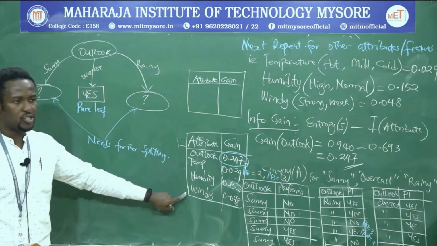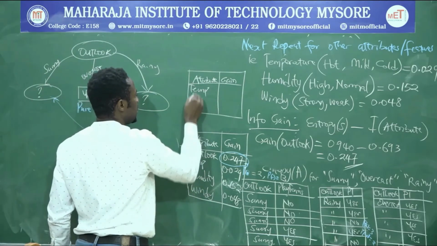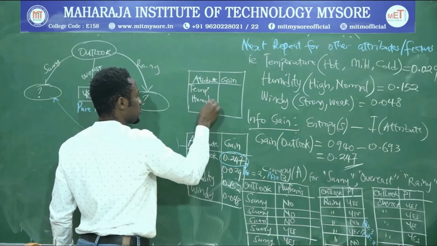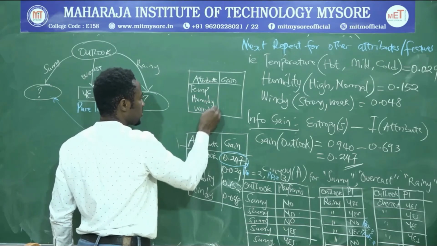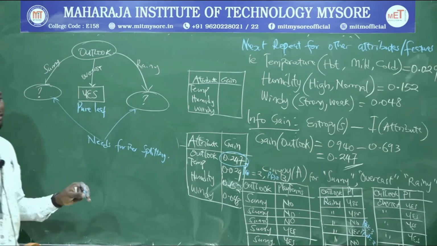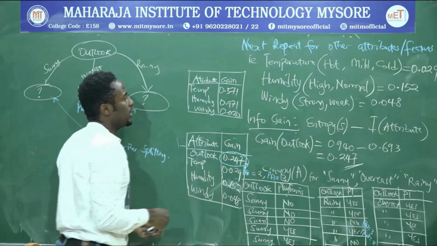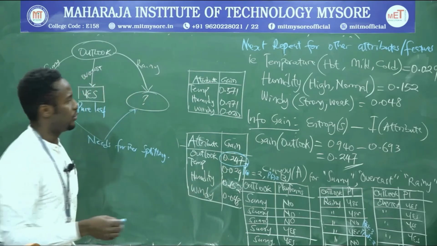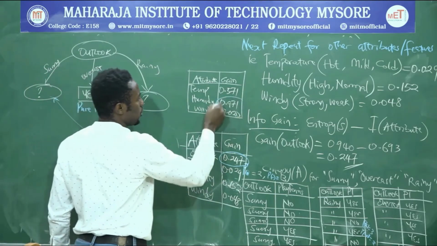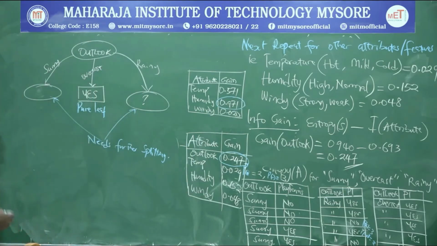So we have temperature, humidity, and windy. In temperature, I'm just giving you the gain value, 0.020. Then we pick the one with the highest information gain, which is 0.971. So we put here humidity, right?